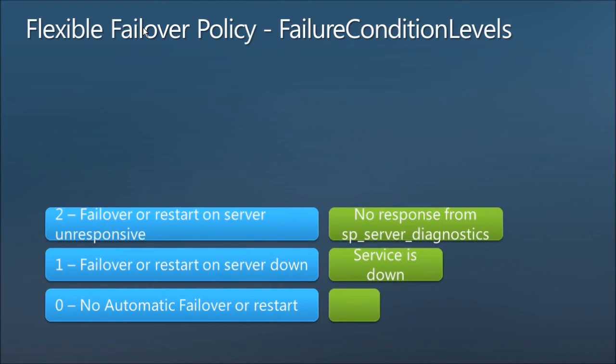If you set the level as 2, then only when the SQL Server is down or there's no response from sp_server_diagnostics, which means the SQL Server is hung, the failover will be triggered.